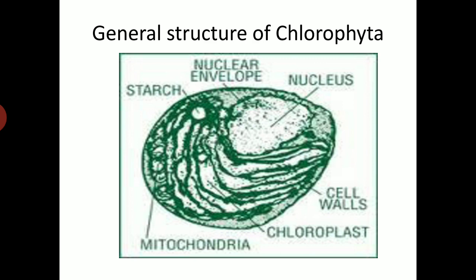A third chitinous layer may be formed outside the pectose layer of Cladophora and Oedogonium.